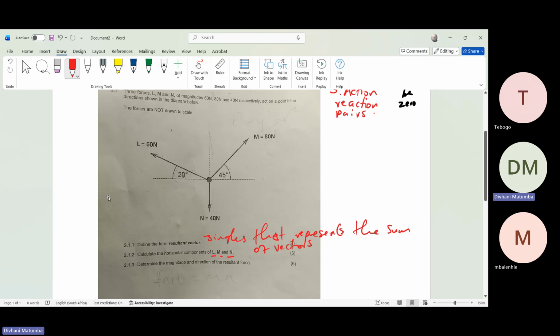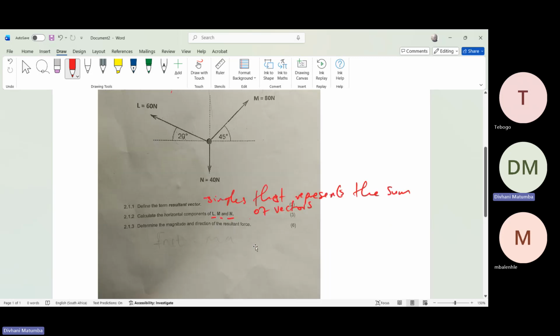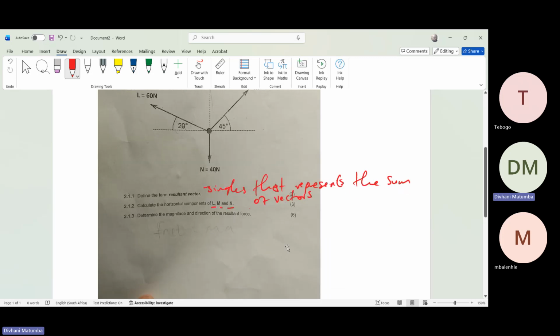Okay. What did you get for L? I got 56,38 Newton. 56,38.